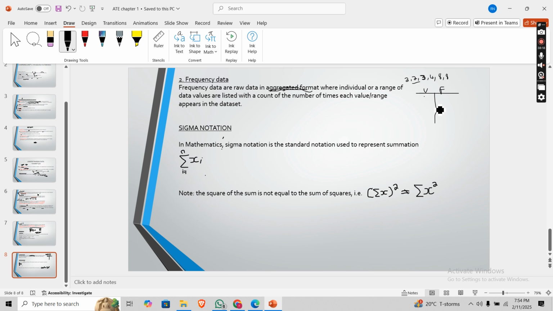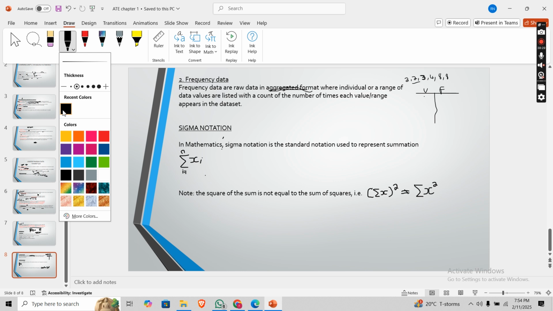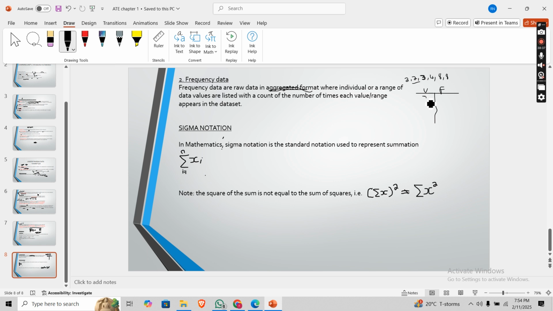For example, the first value is 2, and 2 appears 2 times in the data set, so on the frequency side you write 2.